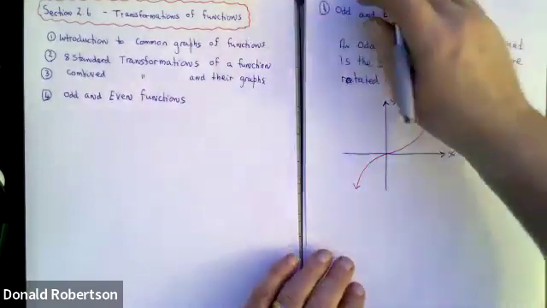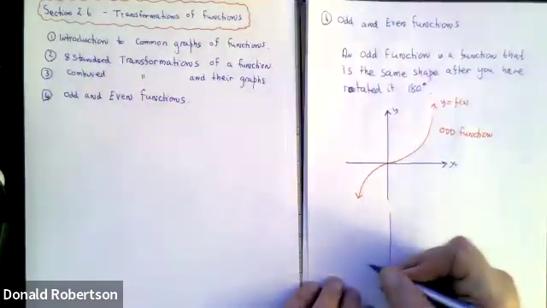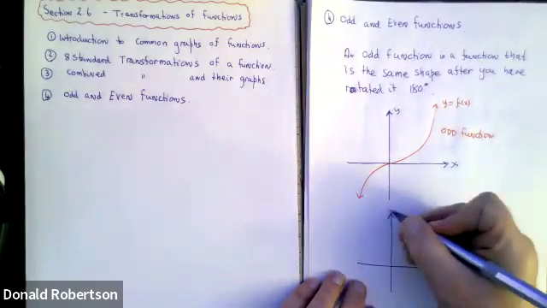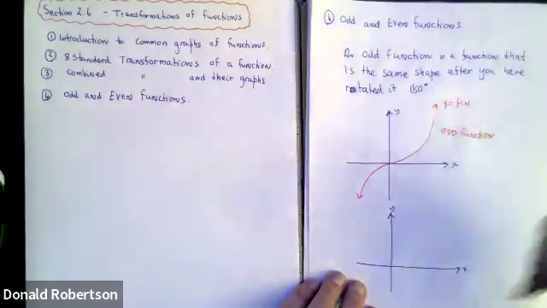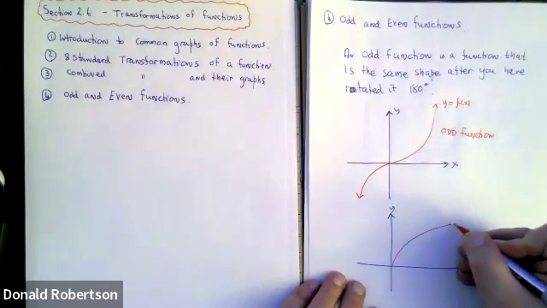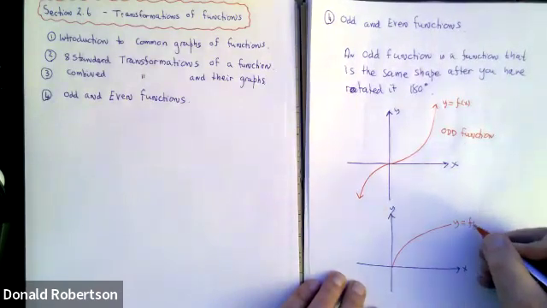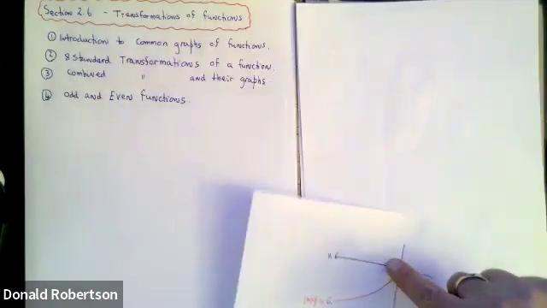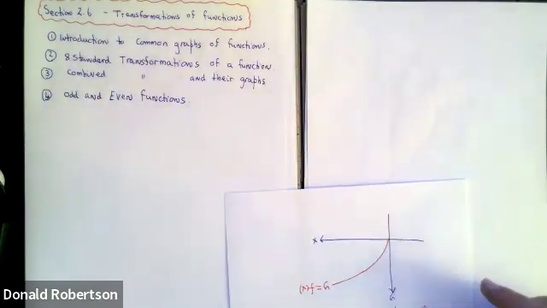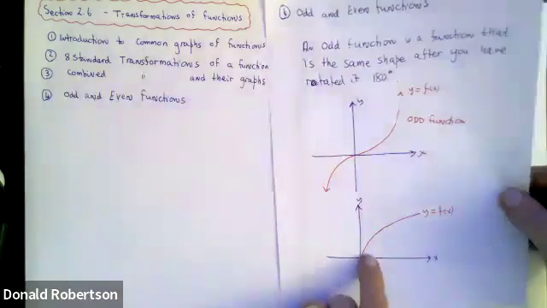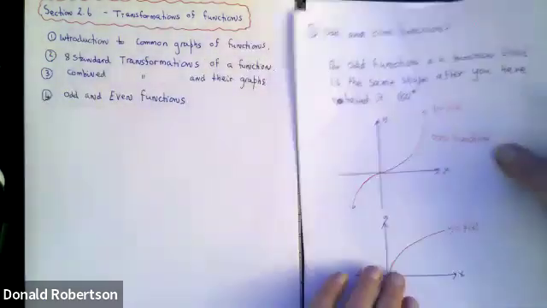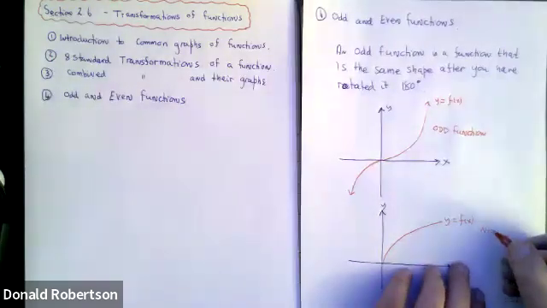Now, not all functions are odd. For instance, this guy here. If you take this shape and you rotate it 180 degrees, do you see it doesn't look the same as the original? Right, the original's here, totally different quadrant. This is not an odd function.